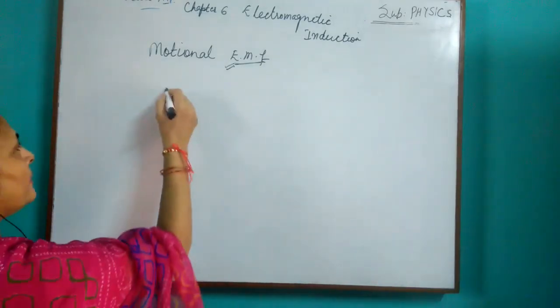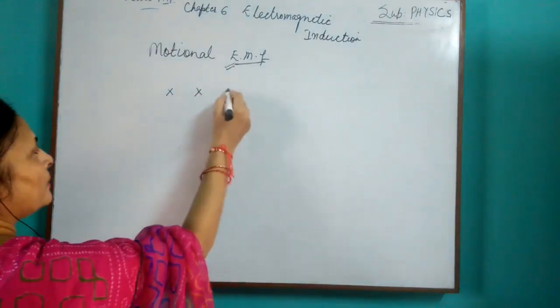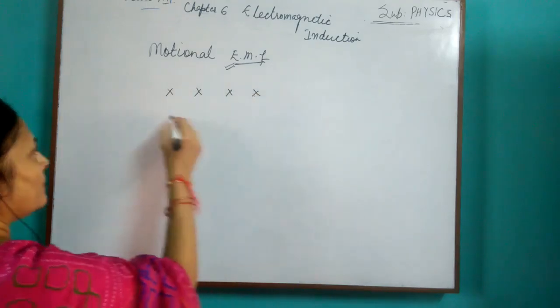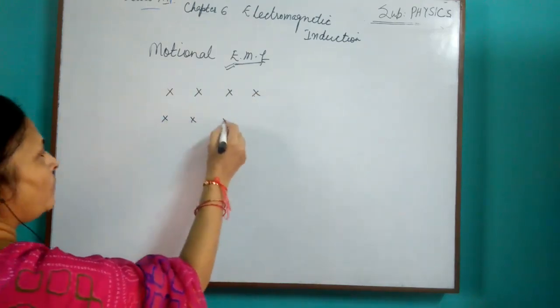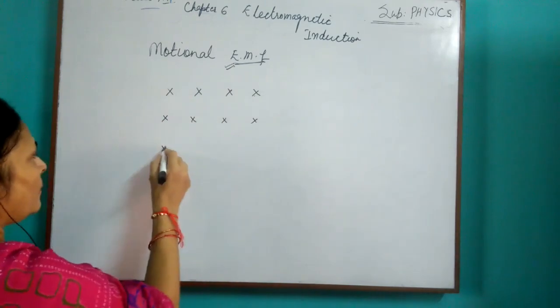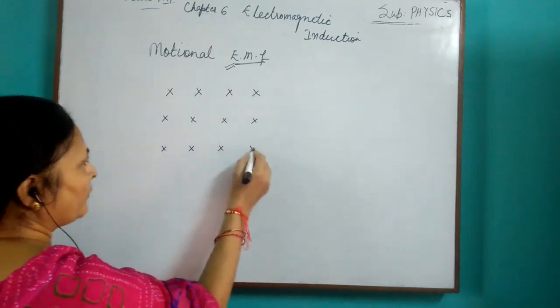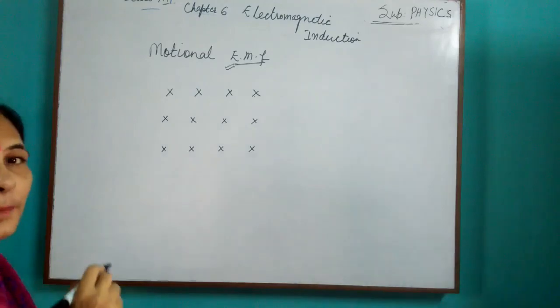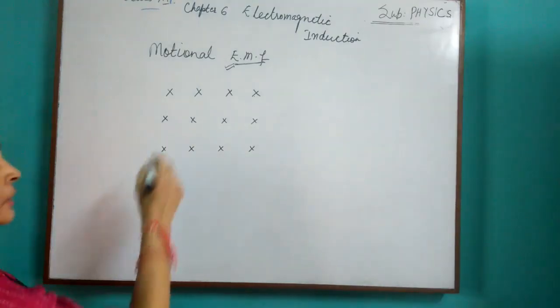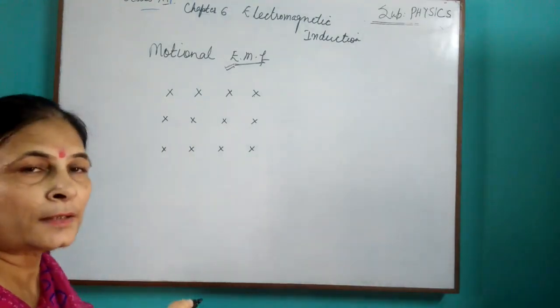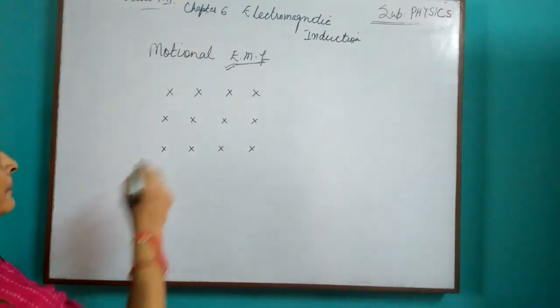Let us consider a magnetic field which we are drawing in the form of crosses on the plane of the paper. So a cross means a magnetic field directed inside the plane of the paper.